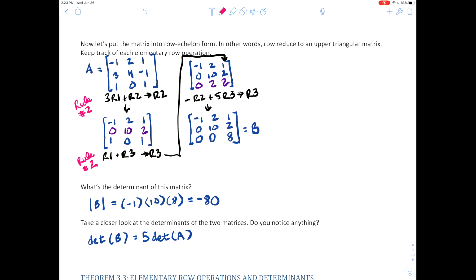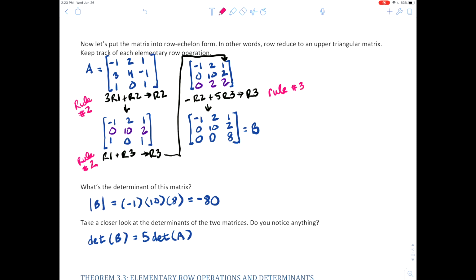Now, what happened here? We multiplied row 2, so I'm looking at this third operation we did. We multiplied row 2 by a negative, and that's not going to change anything because it's row 3 that's changing. But what did we do to row 3, which is going to be the new row? We multiplied it by 5. So at this point, we applied rule number 3, correct?